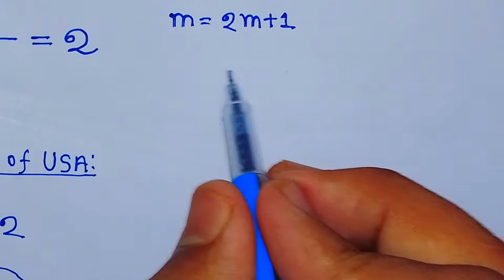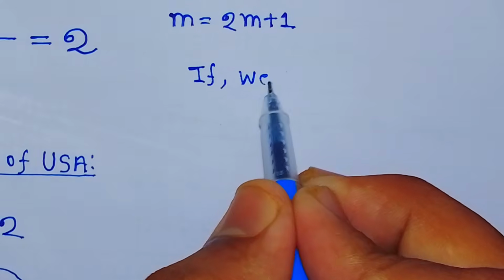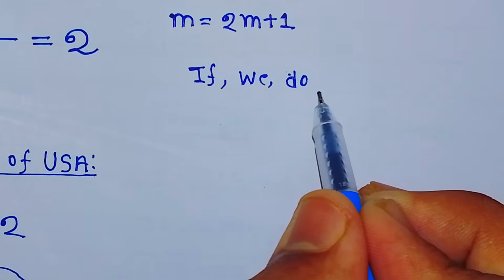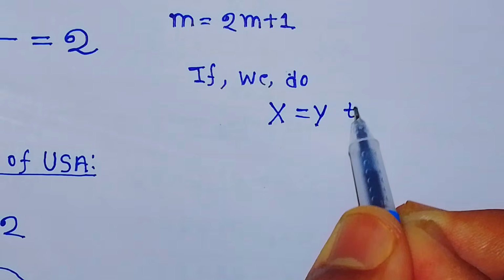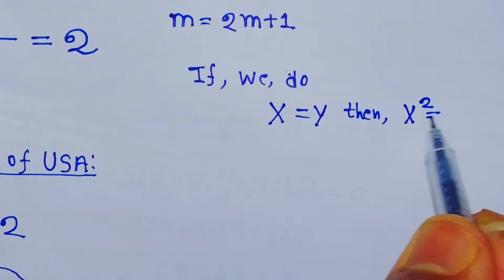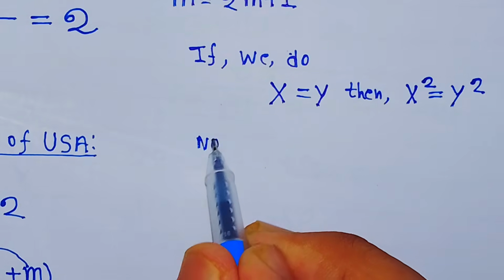But the elimination method is perfect for this solution. So if x is equal to y, then if we square both sides, we'll get x squared is equal to y squared. This is correct by mathematical terms.